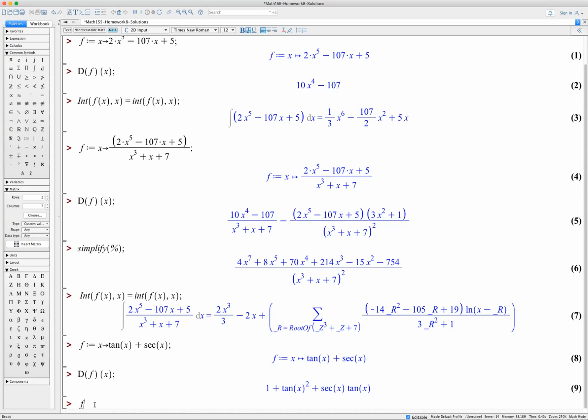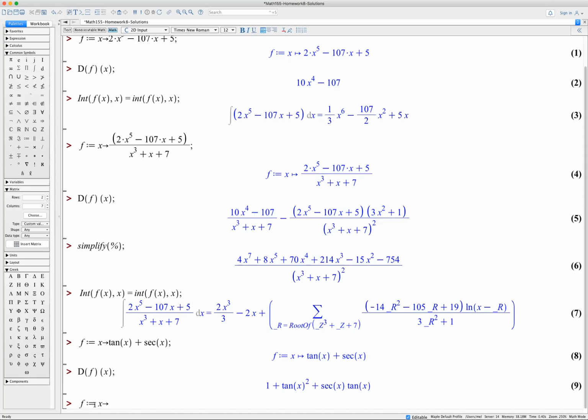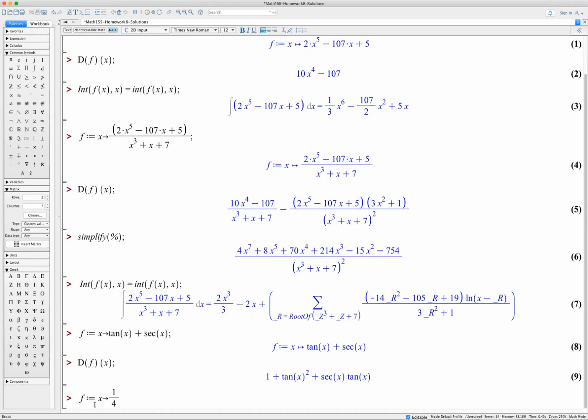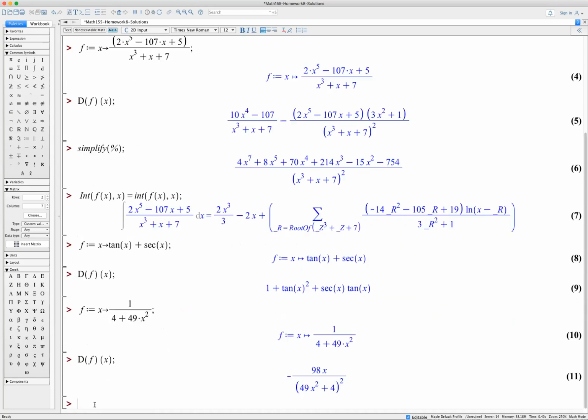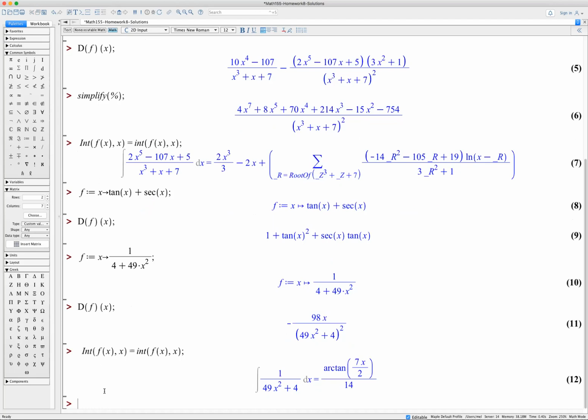In part D, f of x is 1 over 49, oh, sorry, 4 plus 49 times x squared. So the derivative of this is a rational function, and the integral, interesting.